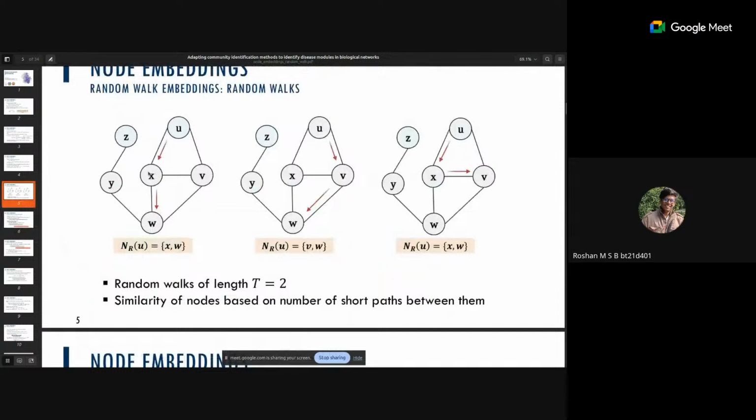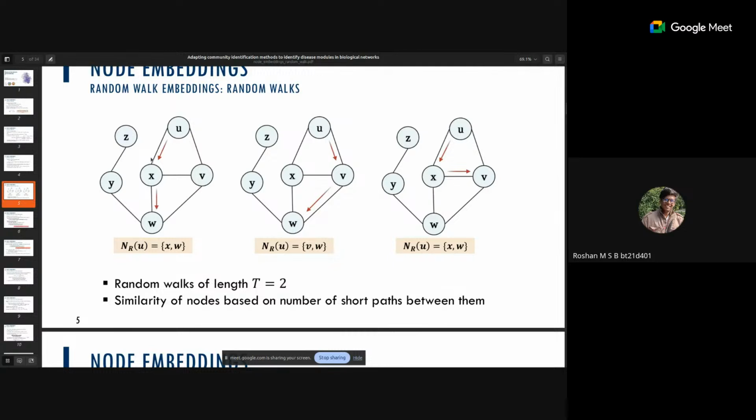And so after getting all these random walks for all your nodes, you can get an idea of how close the nodes are to, let's say, the specific node u here. If x occurs more times in the random walk sequence that you have generated, then it is closer to you than, let's say, w.